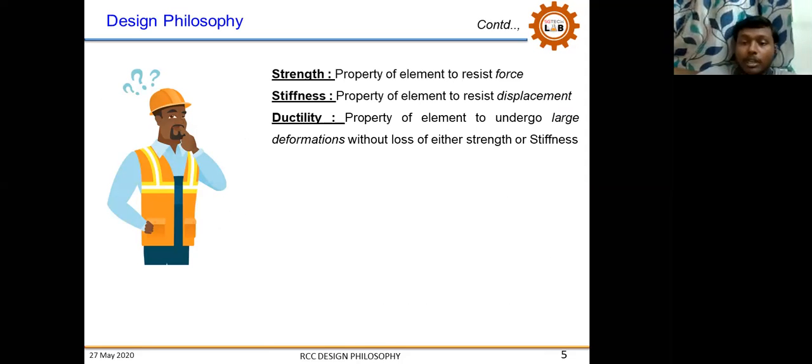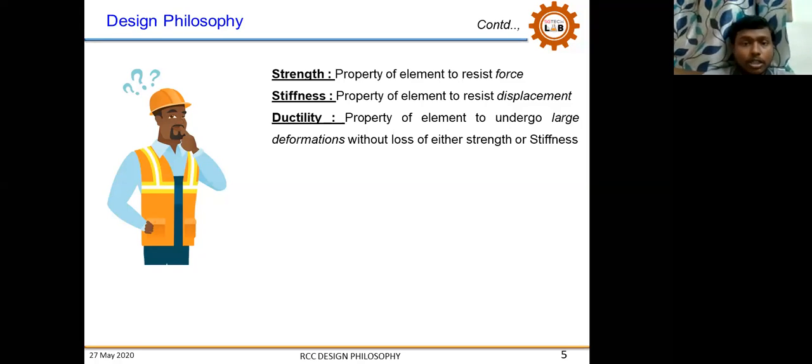The element is able to resist the displacement of it, that is stiffness. And what about ductility? It is the property of an element to undergo large deformation without loss of either strength or stiffness. This has to be addressed in order to identify the structural elements: strength, stiffness, ductility.